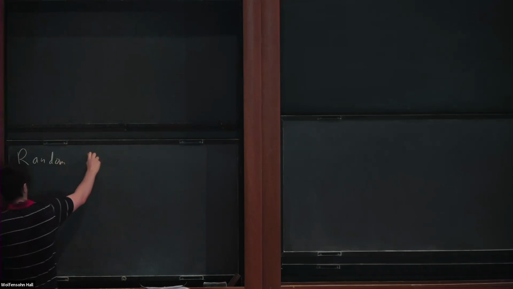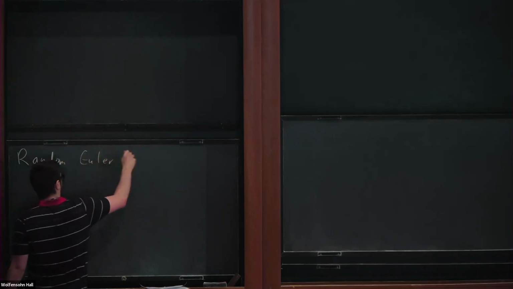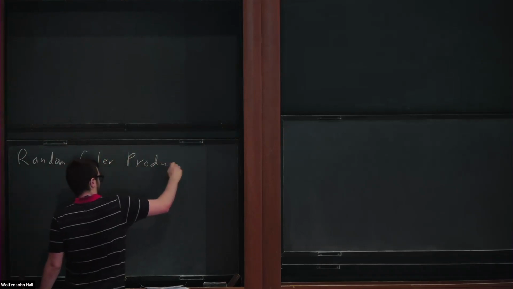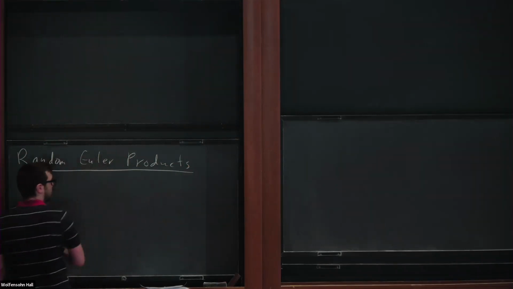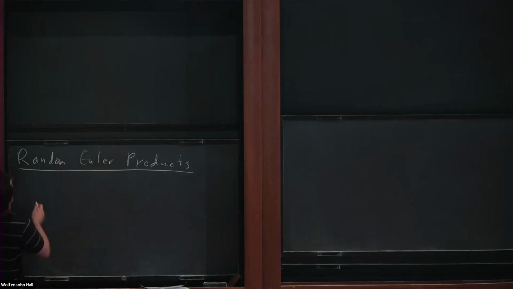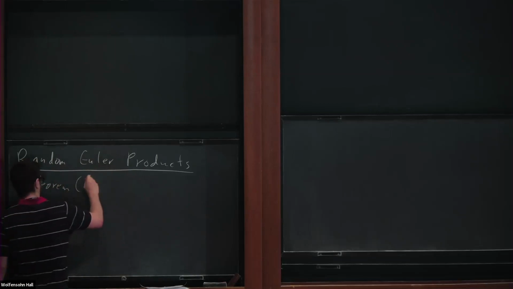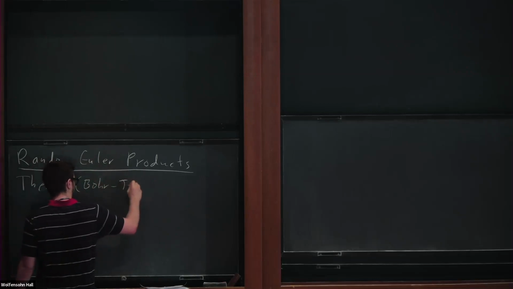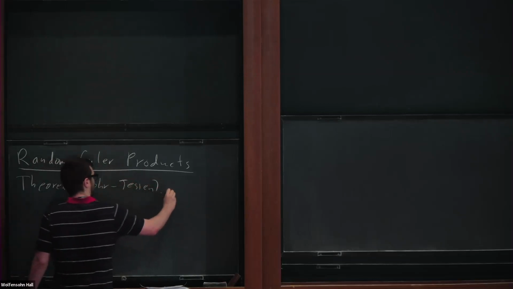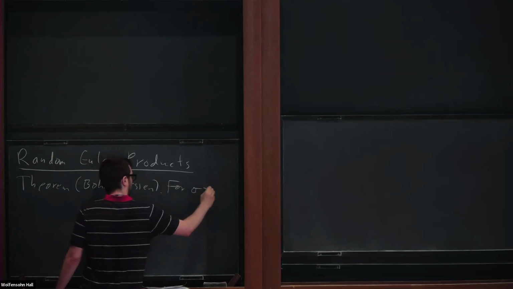The first probabilistic model of the zeta function that was understood is the random Euler product. This is in the case where sigma is greater than 1/2. This was proven by Bohr and Jessen for sigma greater than 1/2.